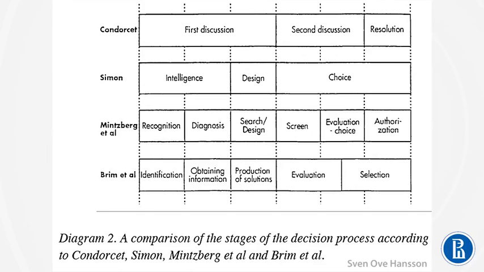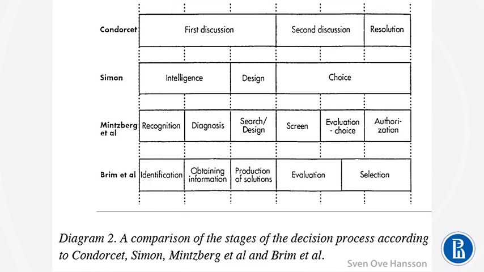So in order to study decision-making process, it makes sense to separate decisions into different stages. Different philosophers and psychologists and scientists separated decision-making process into different stages. But more or less, all of them suggest that first, we identify the problem.